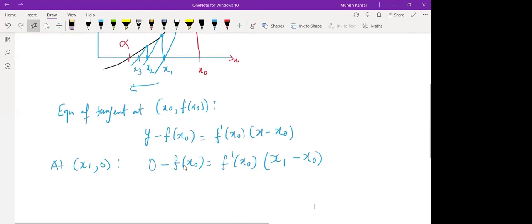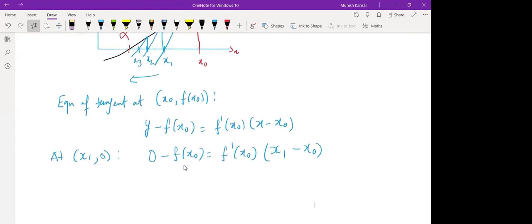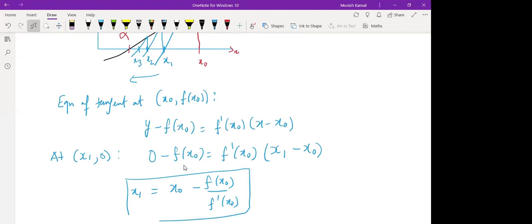So just take this term on the left hand side like this, and x0 minus this. So the value of x1 is this. This is your first approximation. x1 is equal to x0 minus f by f dash.